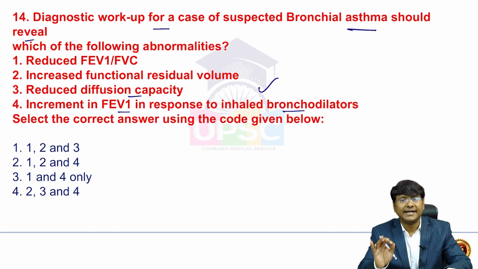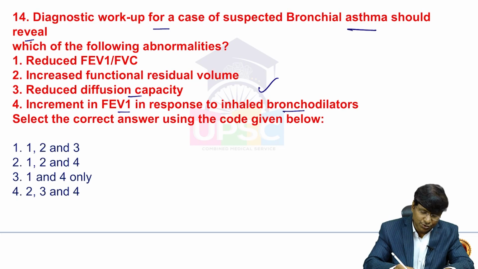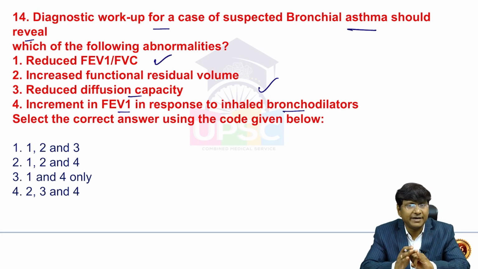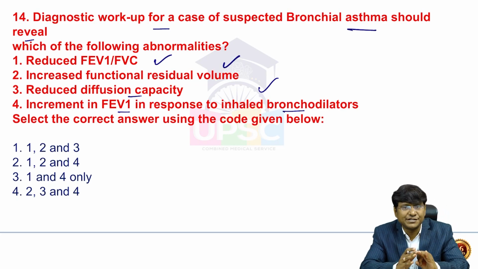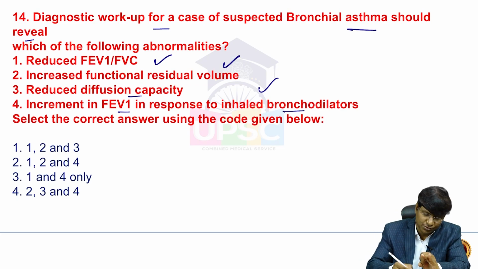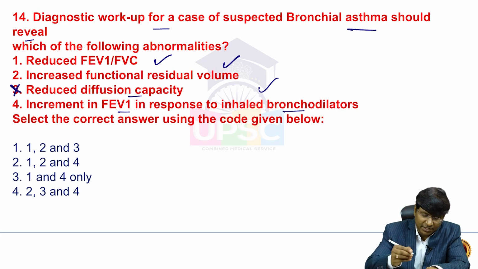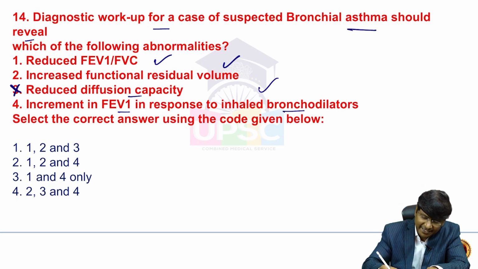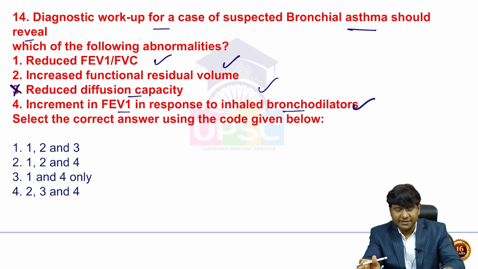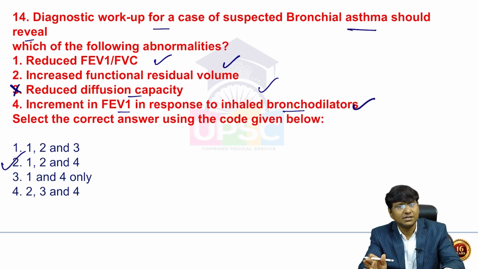There should be reduced FEV1 by FVC and increased functional residual volume as well as residual volume. Diffusion capacity is not affected in patients with bronchial asthma, and there should be increment in FEV1 in response to bronchodilators. So the correct answer is 1, 2 and 4.